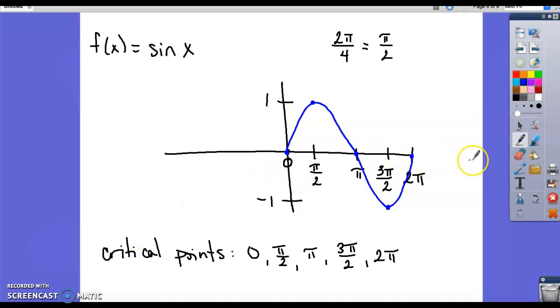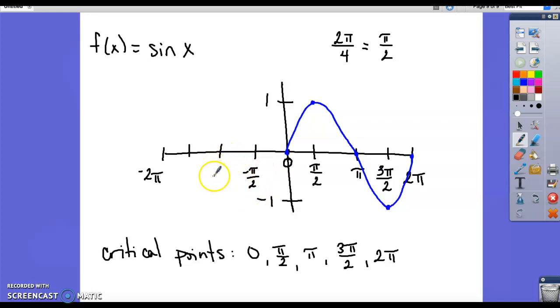I could continue on and graph another period and go to 4 pi. I can also go the other way in the negative direction. If I go to the left, one full period is still 2 pi units. This is still a distance of pi over 2. So if I go in a negative direction, I am subtracting. 0 minus pi over 2 is negative pi over 2.